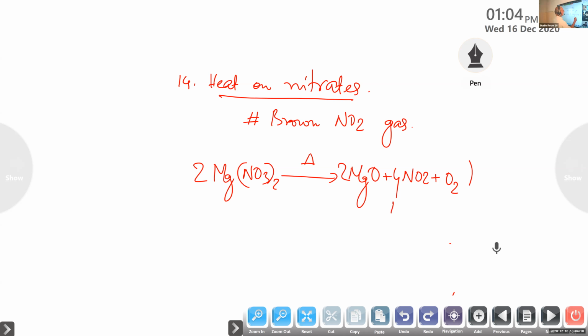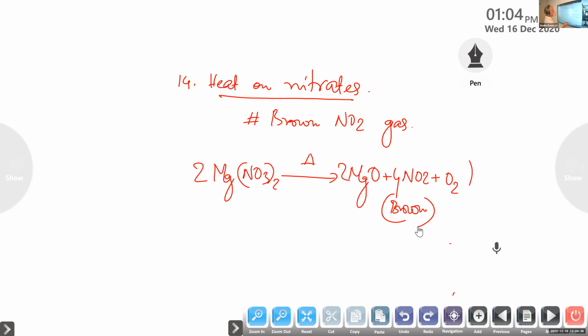There will be the formation of a brown nitrogen dioxide gas. So when a salt is heated, if there is formation of a brown gas, the brown gas is due to nitrogen dioxide. That shows the presence of nitrate.